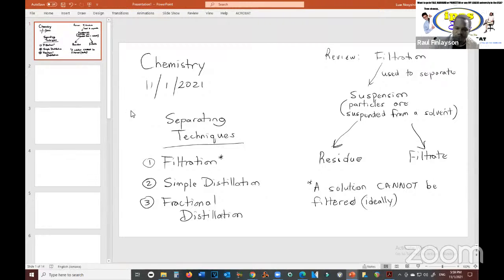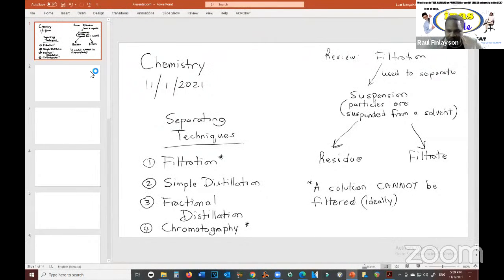And then number four, which rounds up this list, is also compulsory, because they recommend that we do at least two anyway. These are two where we actually assess you for carrying it out in real life, so we mark you for how you carry it out. So filtration and chromatography are two crucial ones. Simple distillation and fractional distillation are expected to be known. If we do at least two separating techniques, then we're okay. If we were going to do three, then distillation would be the third.